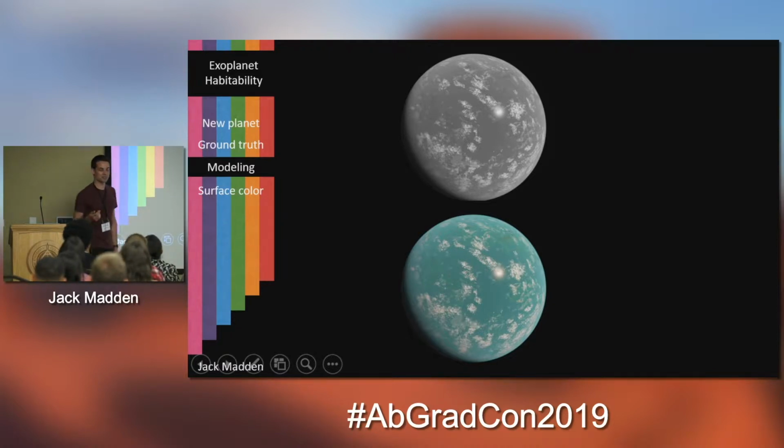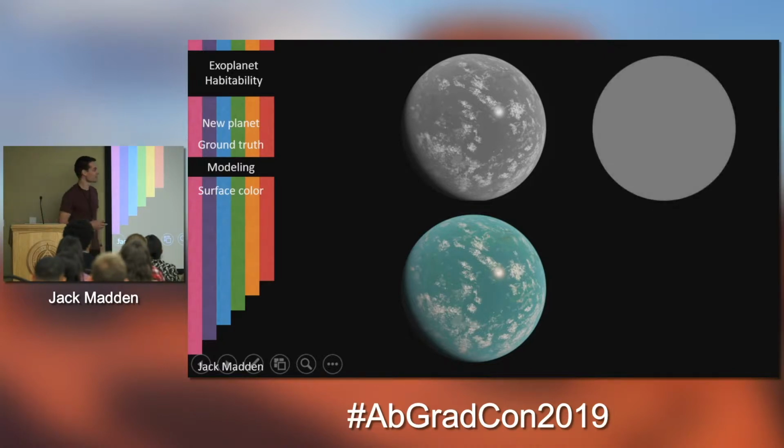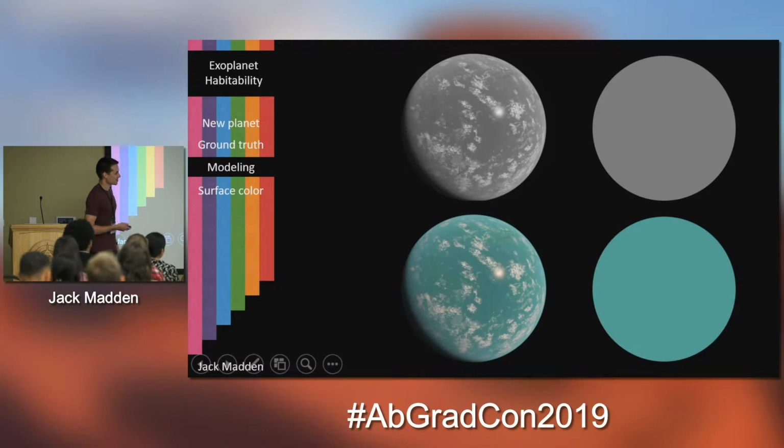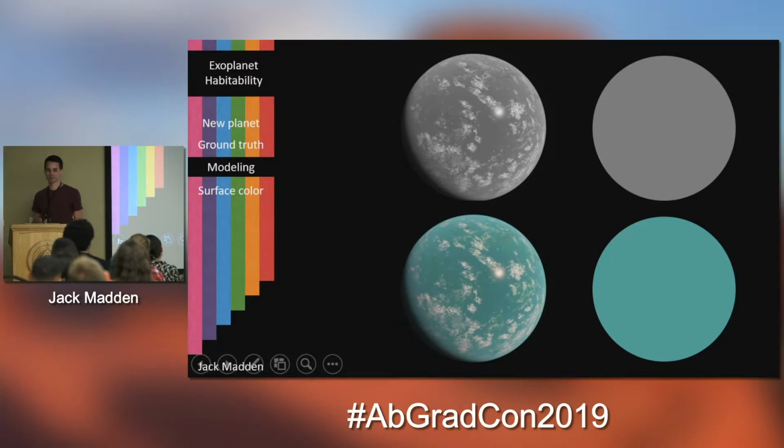But we do use one-dimensional models, so it's more like this, and we want it to be like this. So there's still improvement, and there's good reason to believe that just adding this color information for the surface is going to alter the climate of our planets a lot.